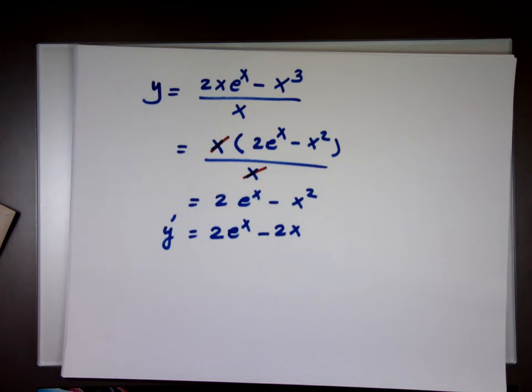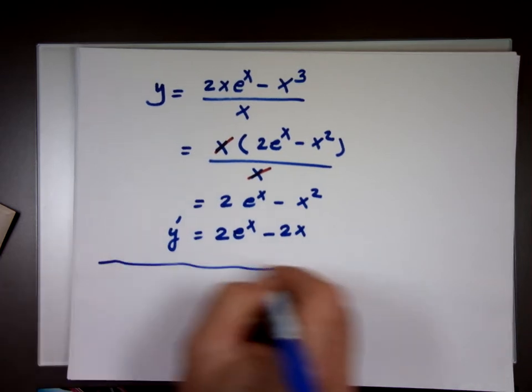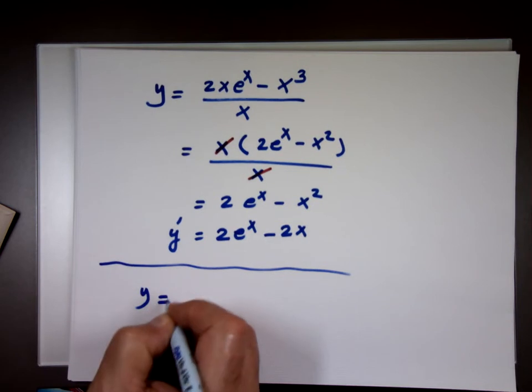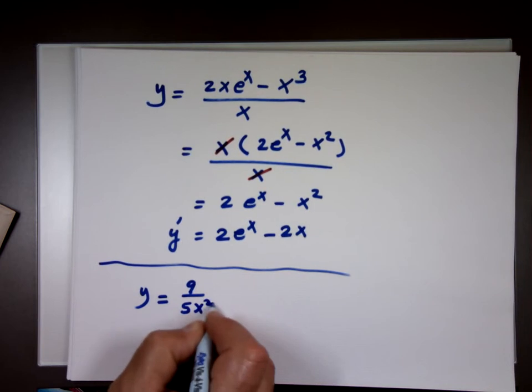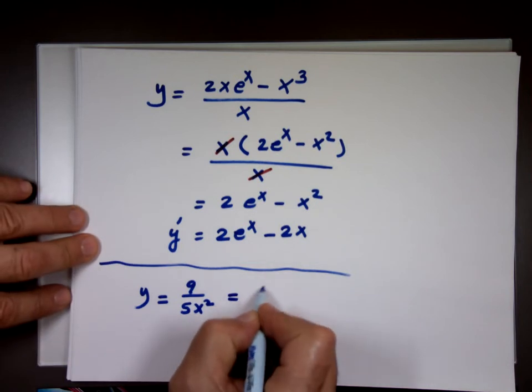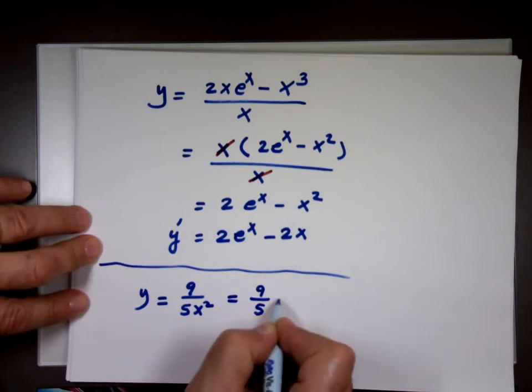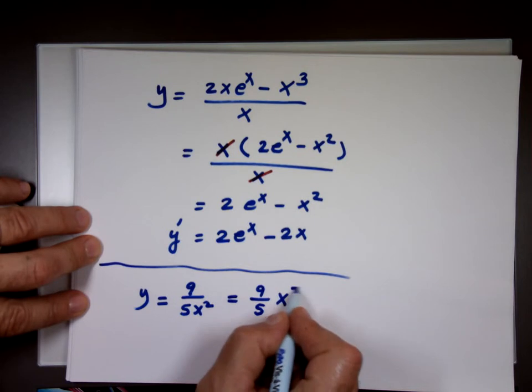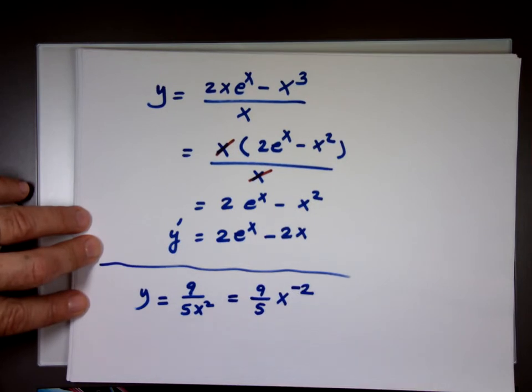So a lot of the problems, sometimes you can eliminate them, or you have something like this. y equals 9 over 5x squared. You can do the quotient rule. Or you can write that what? 9 over 5 x to what power? Negative 2. Now what's the derivative?